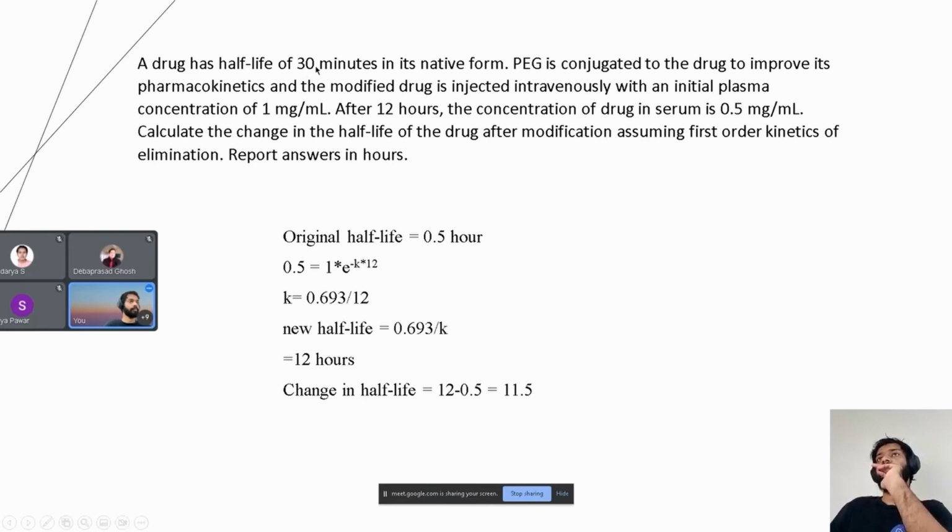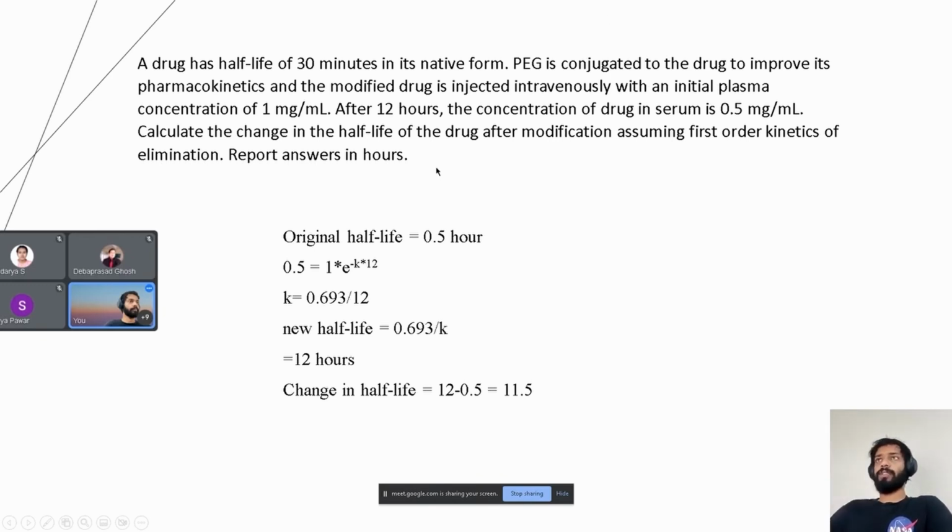So a drug has a half-life of 30 minutes in its native form. PEG is conjugated to the drug to improve its pharmacokinetics, and the modified drug is injected intravenously with an initial plasma concentration of 1 mg per ml. After 12 hours, the concentration of drug in serum is 0.5 mg per ml. So here what you have to recognize is that after 12 hours the concentration is halving, which means they're giving you a new half-life.